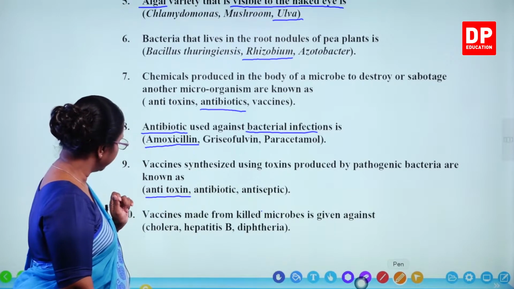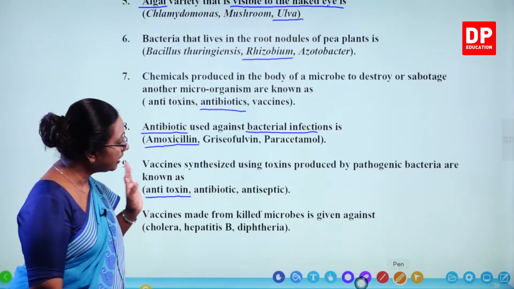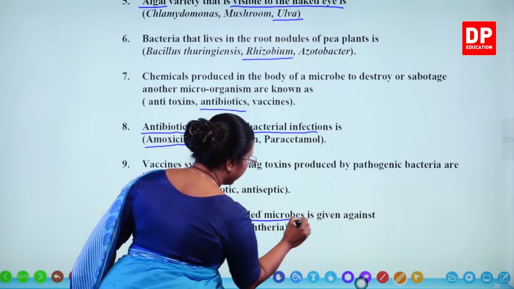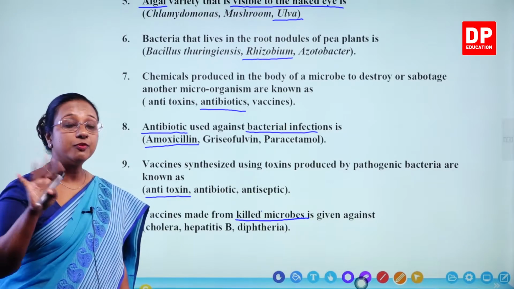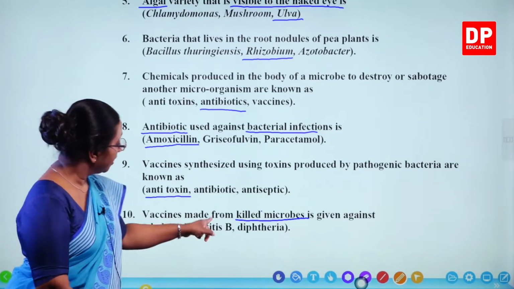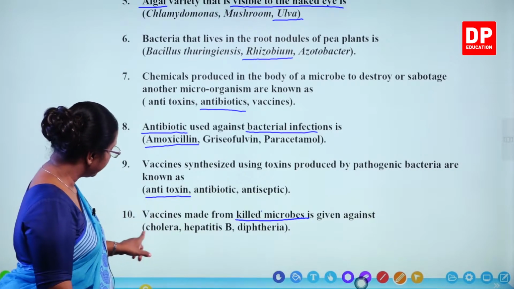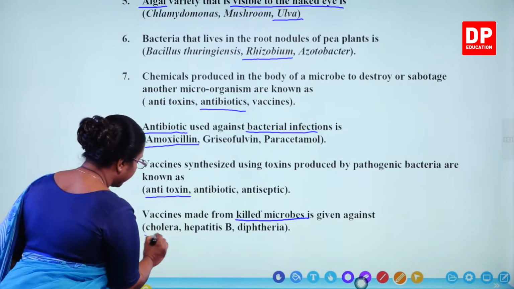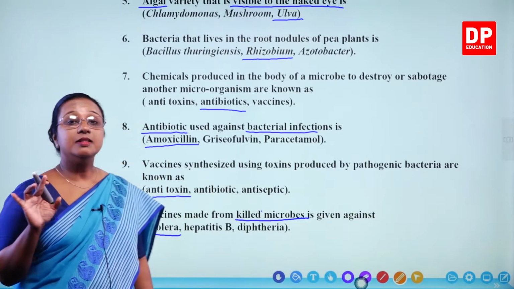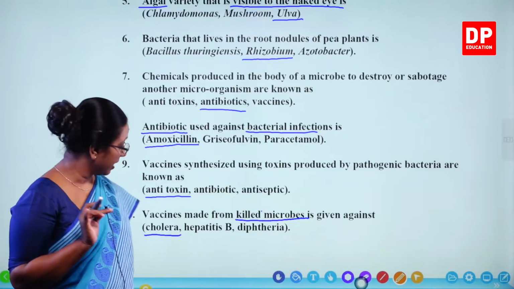Then the 10th one, vaccines made from killed microbes is given against. You know there are 4 types of vaccines. From killed microbes, if we look at the answer, cholera. Cholera is correct. The cholera vaccine is produced from killed microbes.